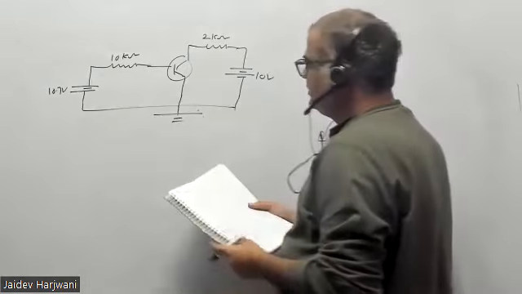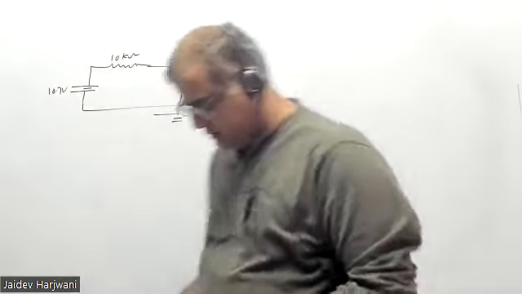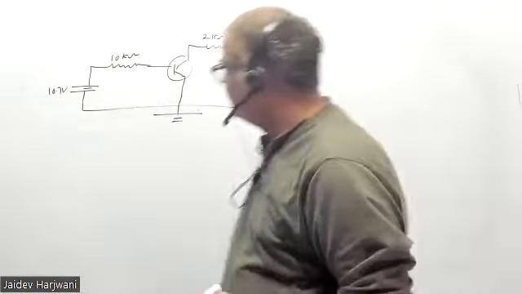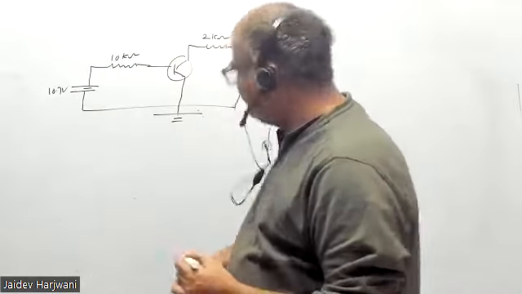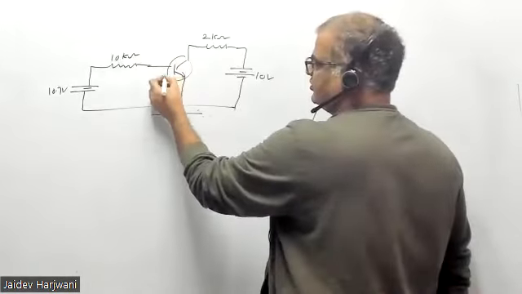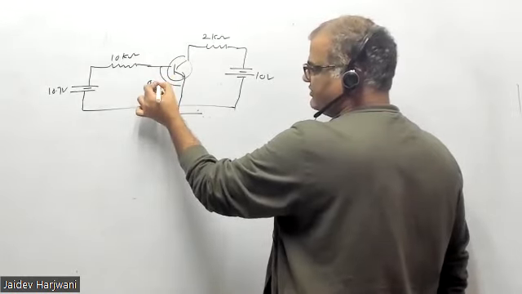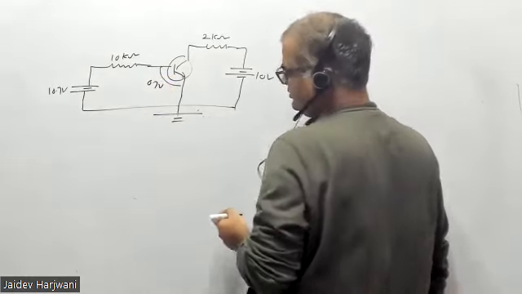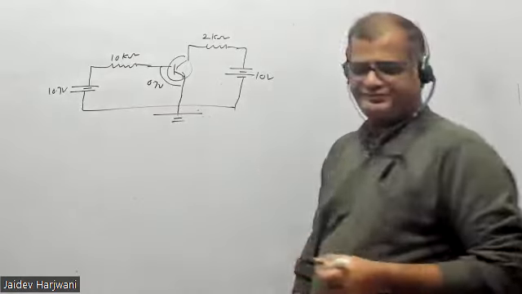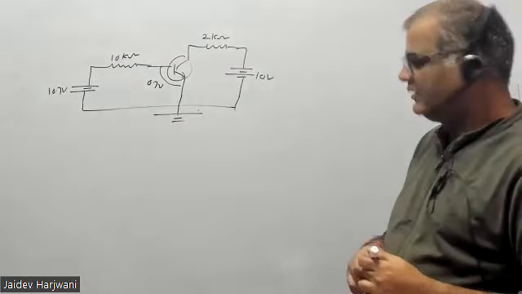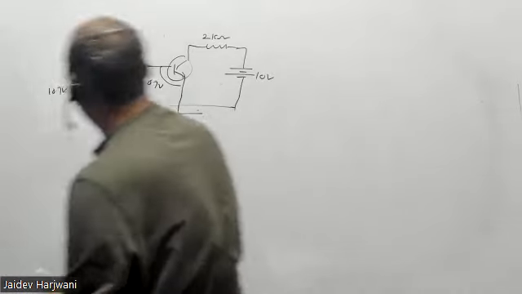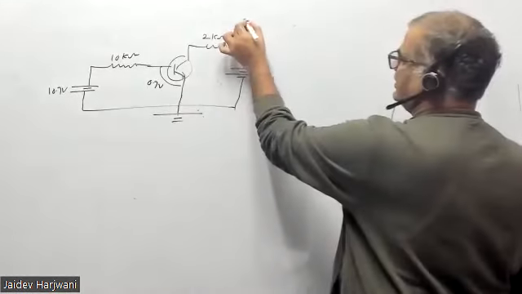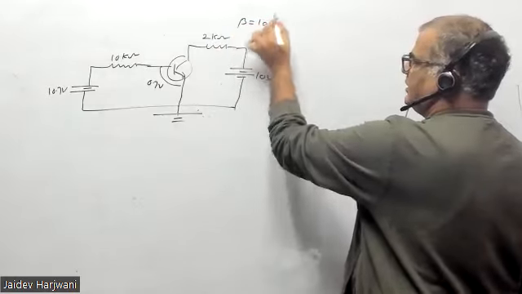Okay, so tell me, what is the operating point? 10 kilo ohm, 2 kilo ohm, 10.7, 10, and you can take VBE value 0.7. Sometimes it is given 0. VBE value is 0.7. Beta value is 100.